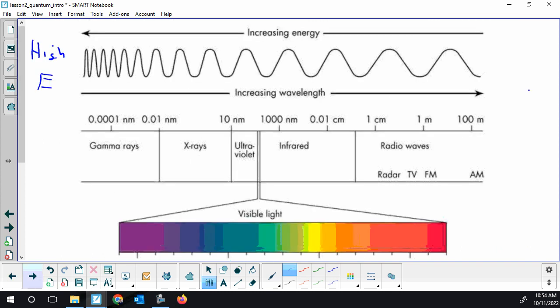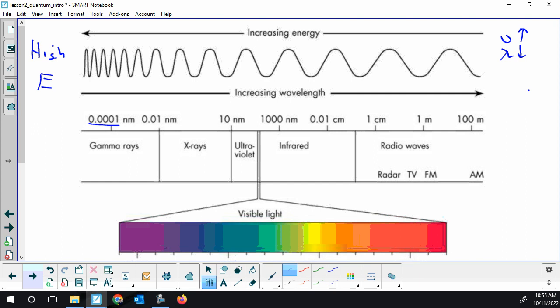Now we end up seeing this opposite relationship. As nu goes up, the wavelength is going to go down, or vice versa. So the high energy, high frequency has very small waves. We have the smallest wave on our spectrum. So very tight.